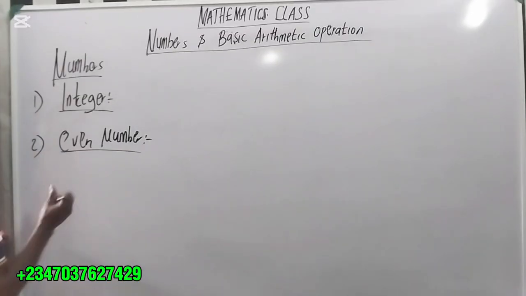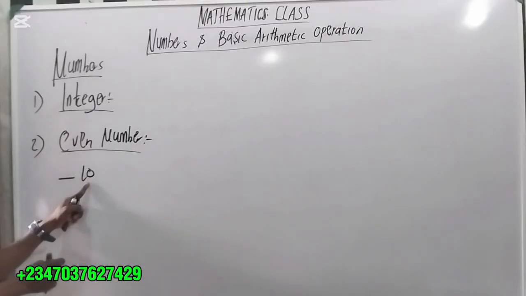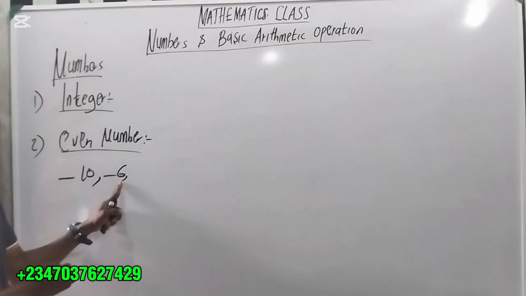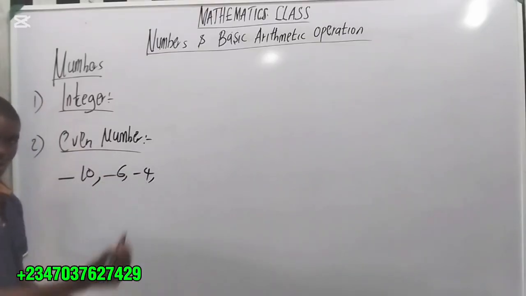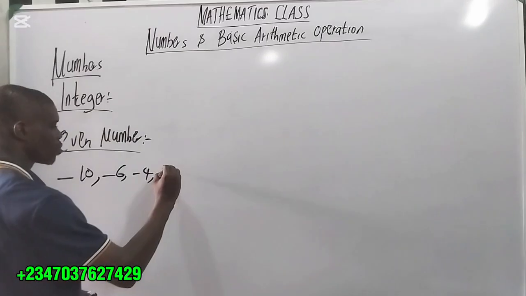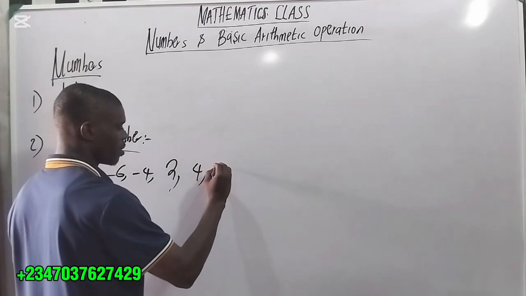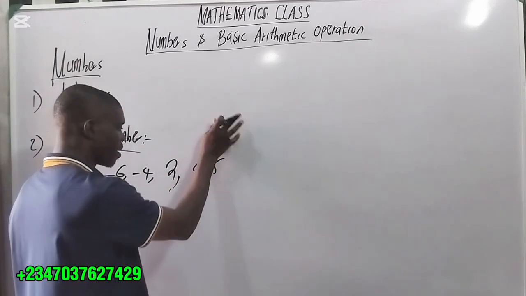A good example is minus 10. This one is an integer and is divisible by 2. Minus 6 is divisible by 2, so it is an even number. Minus 4, and so on. You also have 2, 4, and 5. 5 cannot be an even number, right?